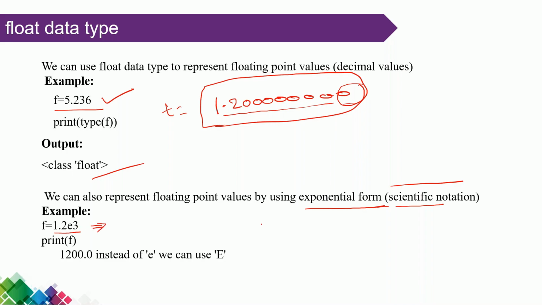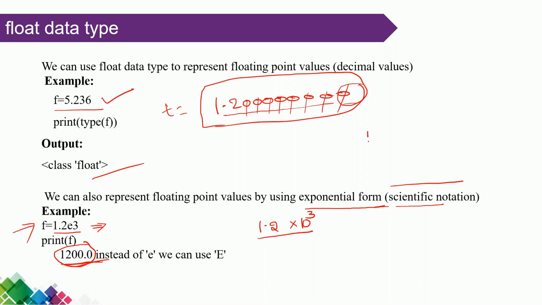What is the meaning of this? 1.2 into E. E is represented as 10, 3. So 1.2 into 10 cube. For example, this is the answer. So instead of representing this number, I used this simple notation. For example, 1200 is easy. Then what about this number, 1, 2, 3, 4, 5, 6, 7, 8?